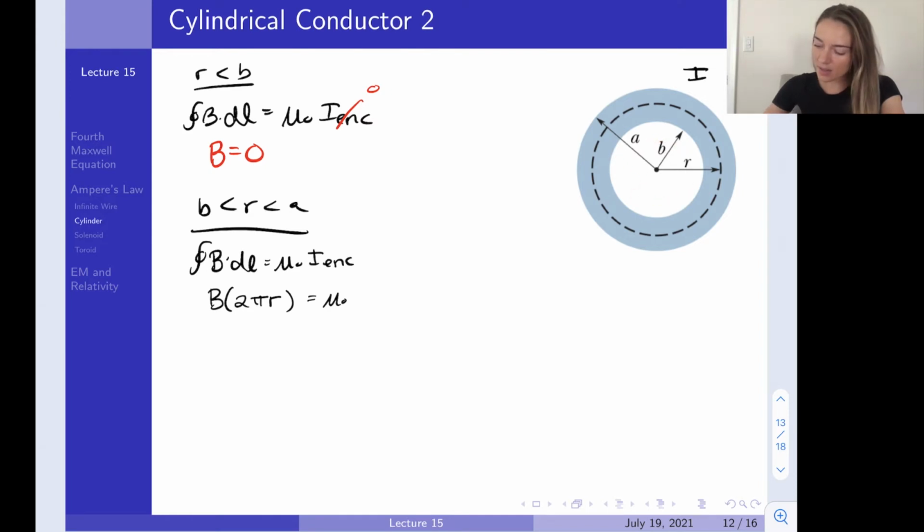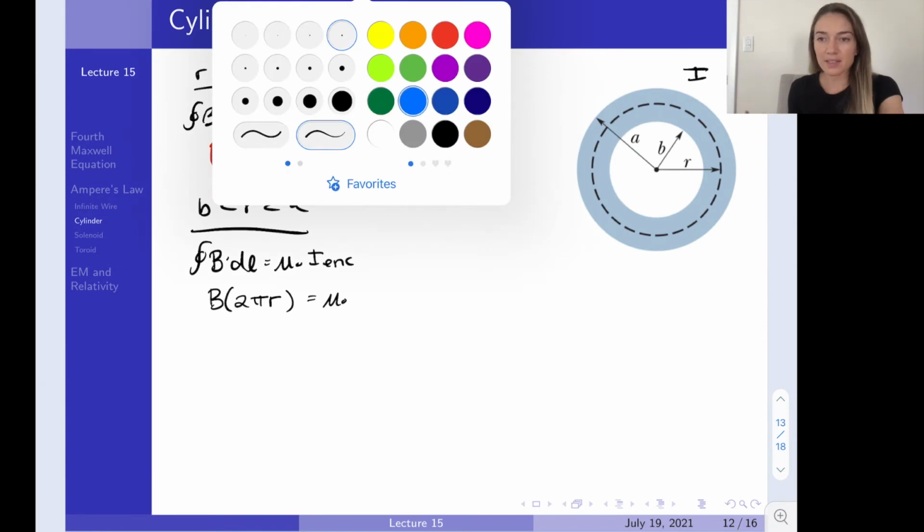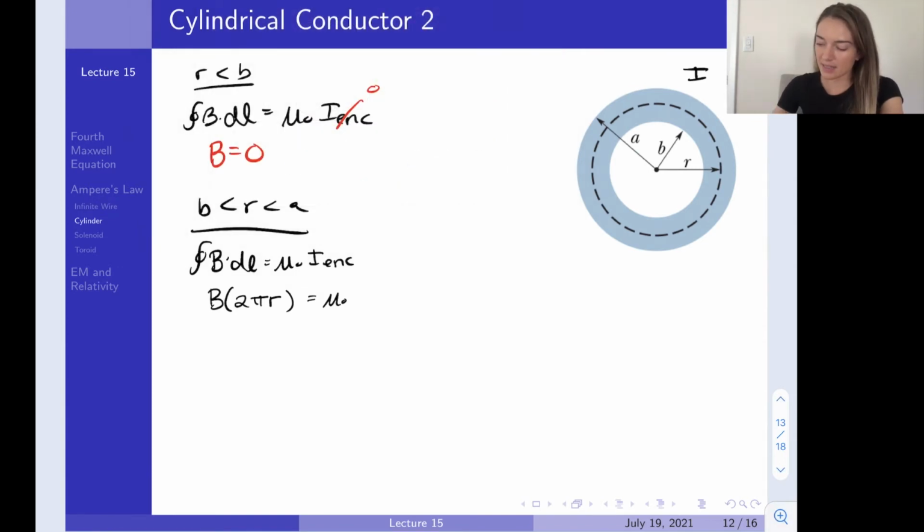So what is the current that's just right in there? Now I need to figure out the current density in this conductor. It's going to be a little different than in our previous problem, but we still start off with the current divided by the cross-sectional area. But now what is the cross-sectional area of this donut shape here?